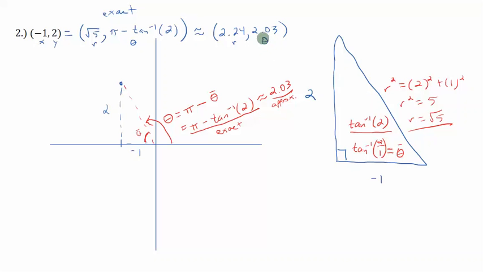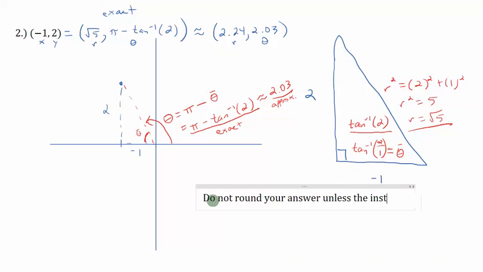And you could have theta in degrees if you want to. Just make sure you have the degree symbol. But either one of these is perfectly fine depending on the instructions. You don't round unless you're told to round, unless the instructions specify.